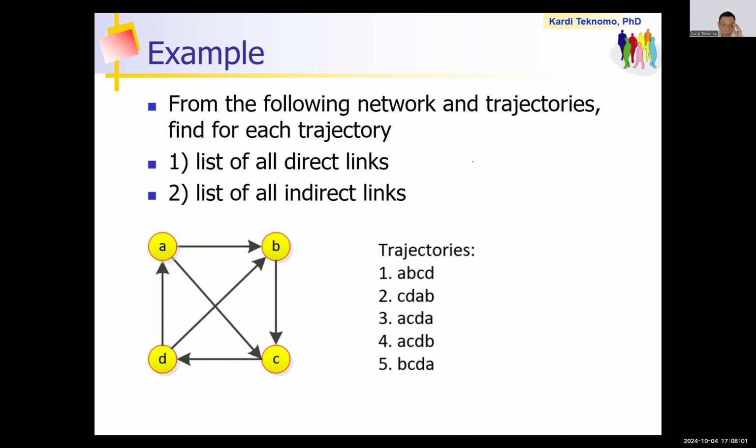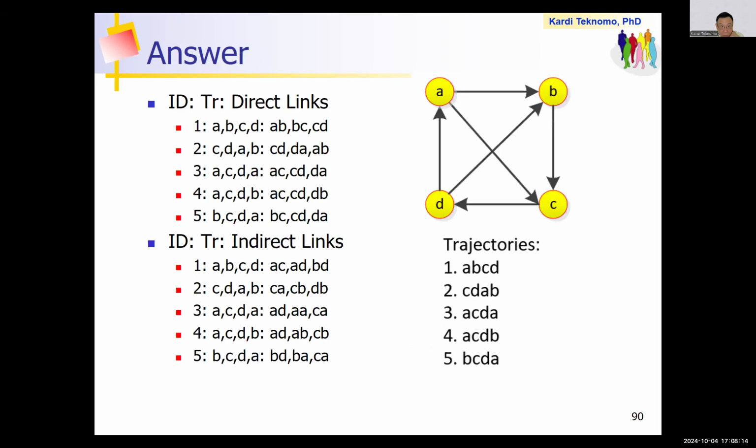Can you create a list of all direct links and indirect links if we have these trajectories? Given this network, you can start to get the direct links and indirect links. Look at the values in the trajectory. Direct links mean every 2 consecutive nodes.